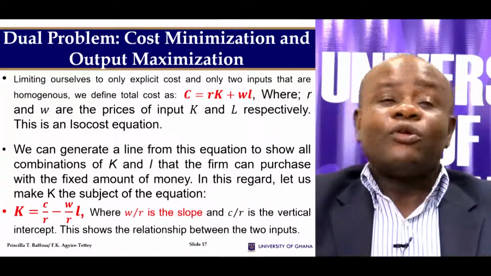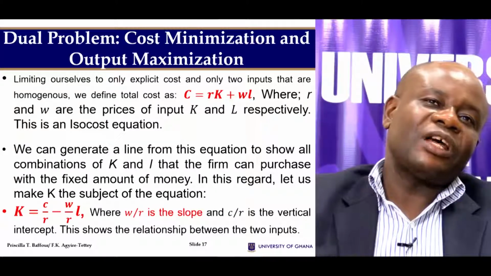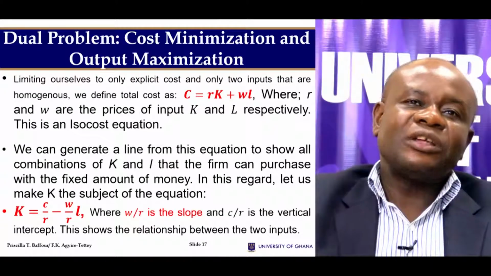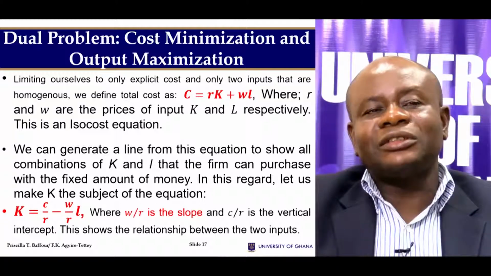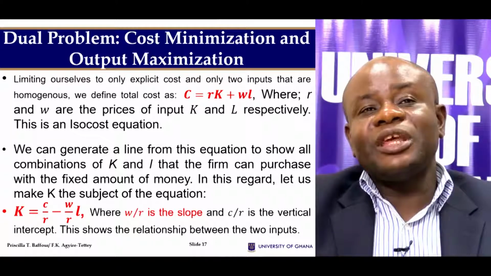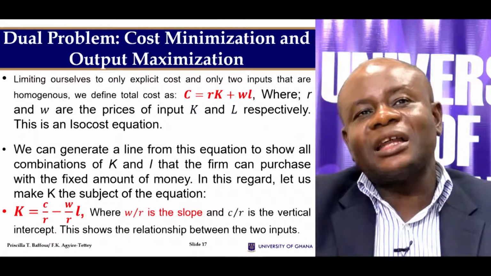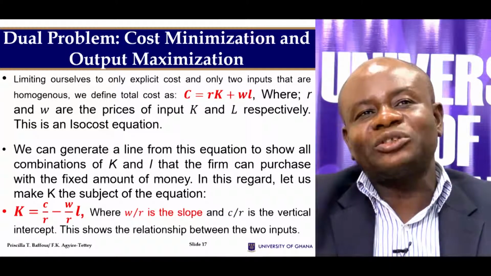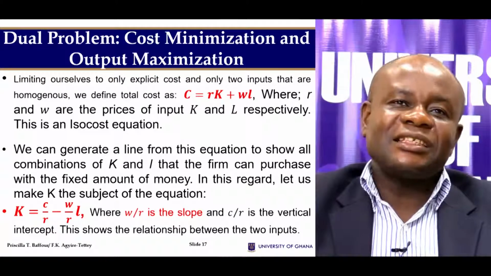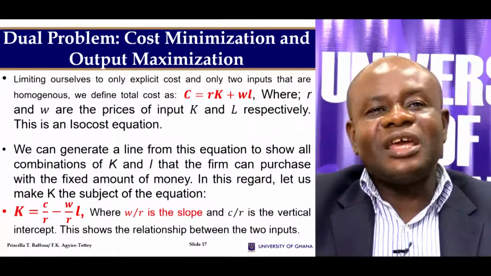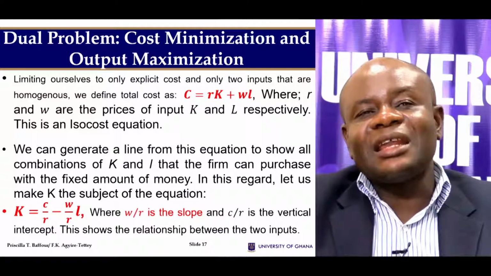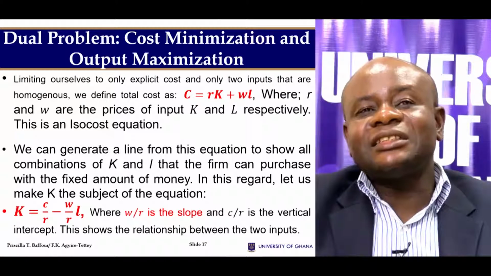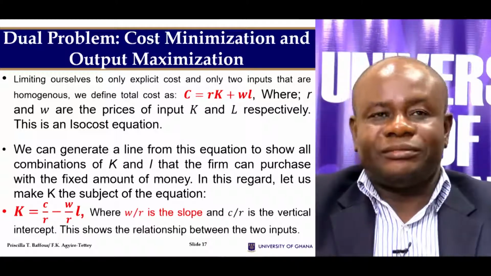isocost equation. Remember, under production, we saw the isoquant, and the isoquant shows you the various combinations of labor and capital that will produce the same amount of the output. In this case, it is the various combinations of labor and capital that the firm employs that yield the same cost.